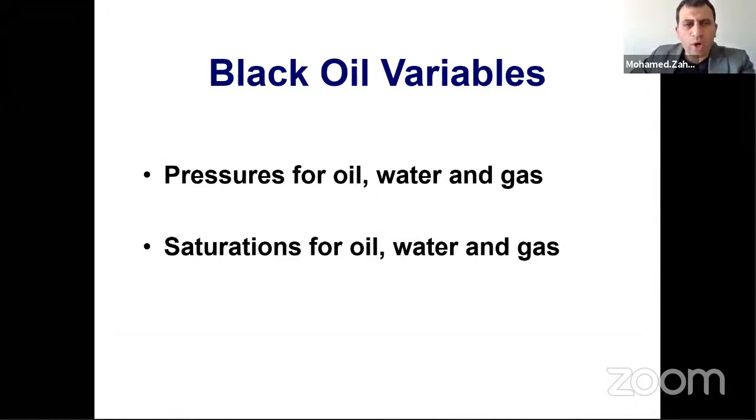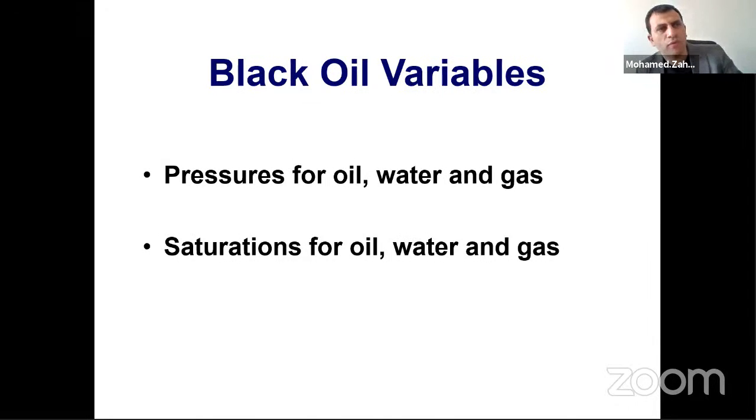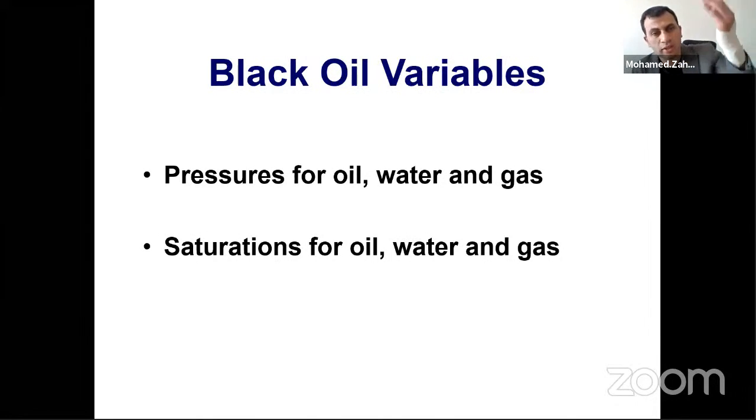Why did we make this equation? Why do we have this equation? To make it simple, because I need to know the pressure of oil, water, and gas everywhere. You have a reservoir. For example, Aramco has a very long reservoir, something like a few hundred kilometers multiplied by 100 kilometers, like Ghawar.